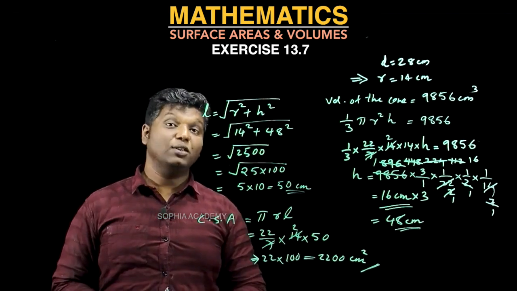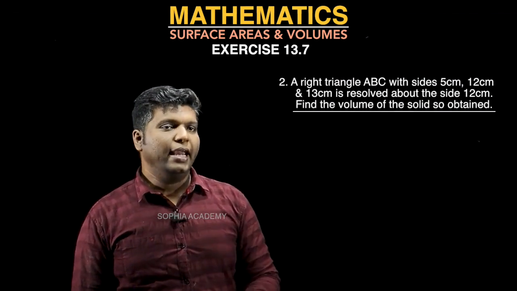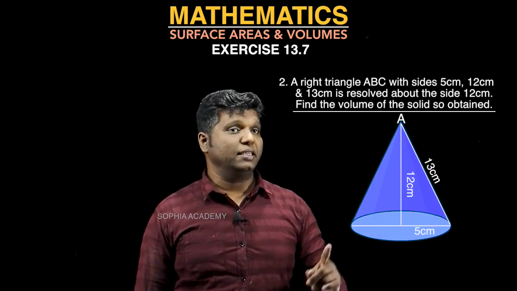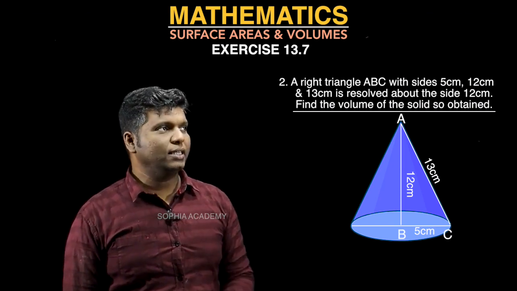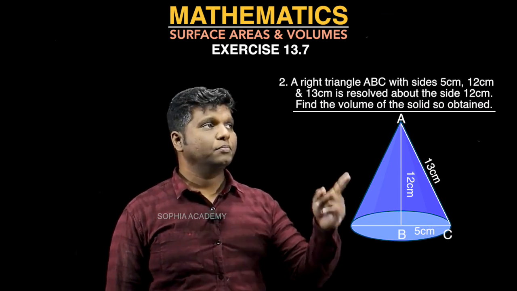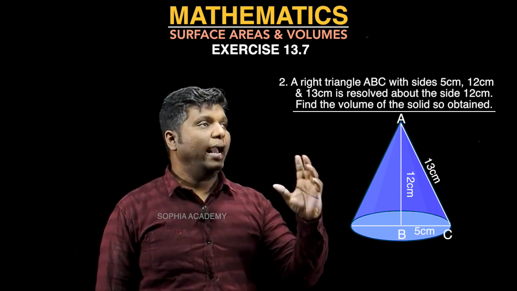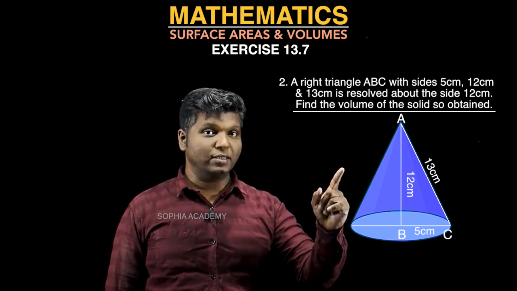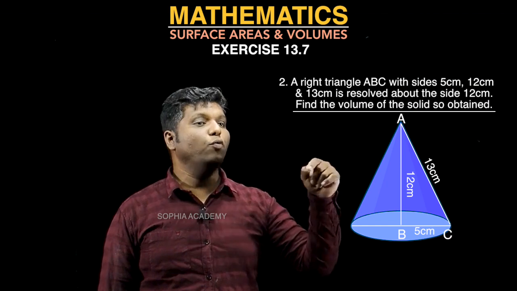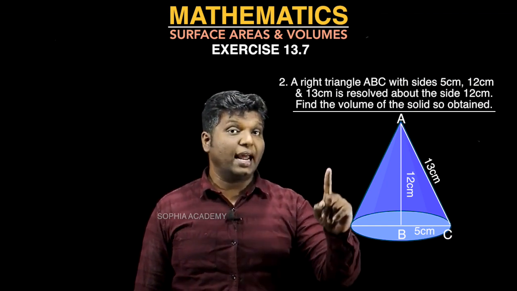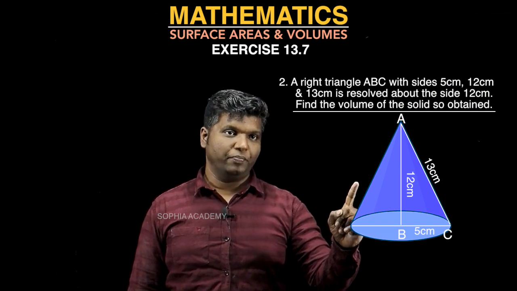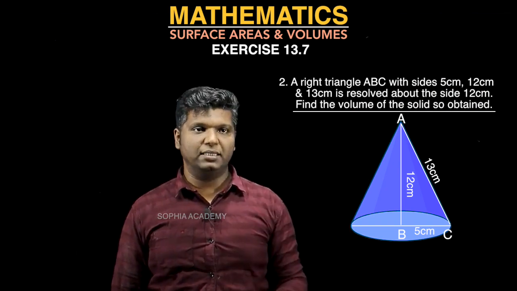Okay, now let us get into the next question. Here it is. A right triangle ABC whose sides are 5 centimeter, 12 centimeter and 13 centimeter is revolved around the side 12 centimeter. Find the volume of the solid so obtained. That means just imagine a right angled triangle ABC.